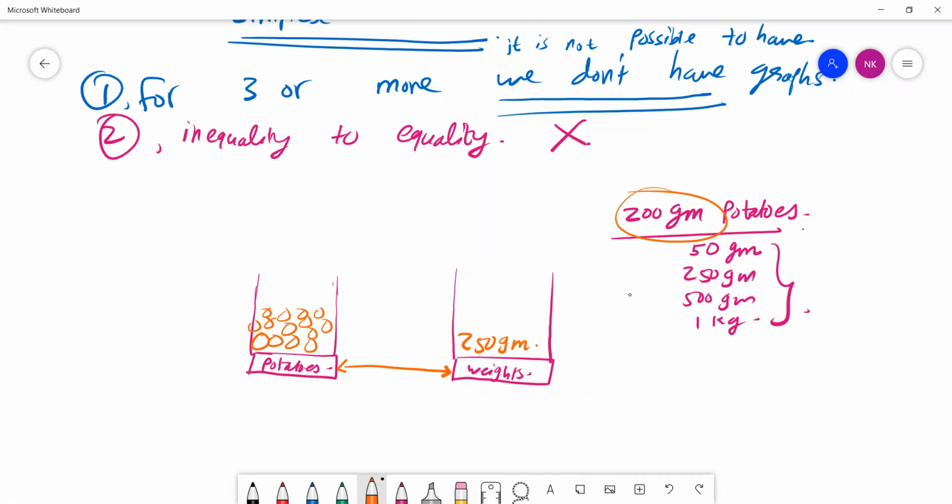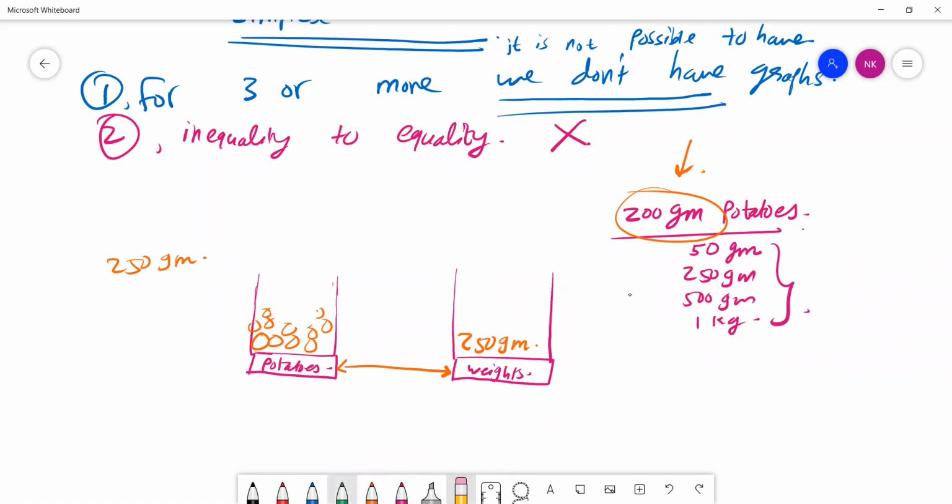That means once both are at the same level, the potatoes are of 250 grams. But I require 200-gram potatoes only. So the shopkeeper removes 2 to 3 potatoes.